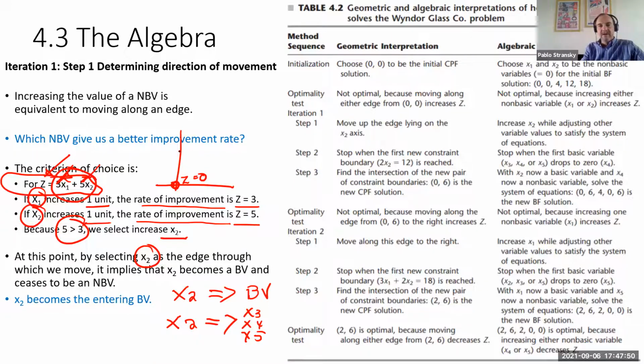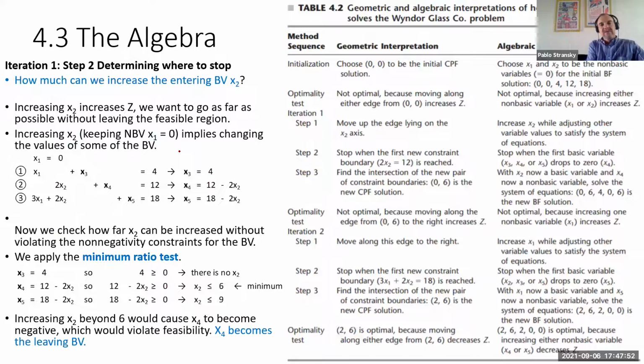Okay. Now, let's go to step 2, determining where we should stop. This step 2 is different from the geometric interpretation because we need a mathematical basis.